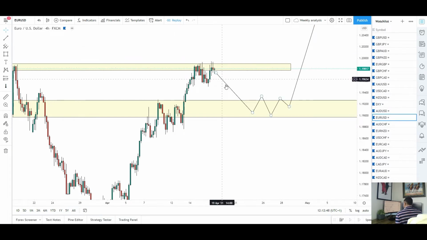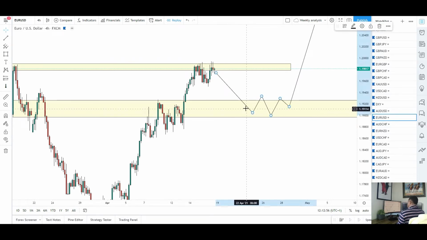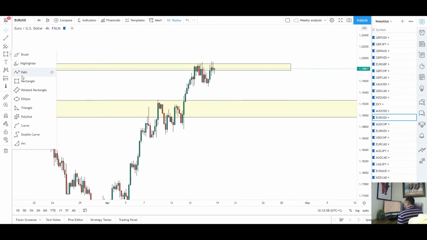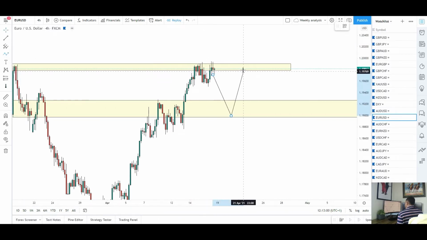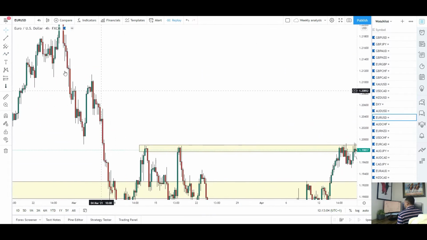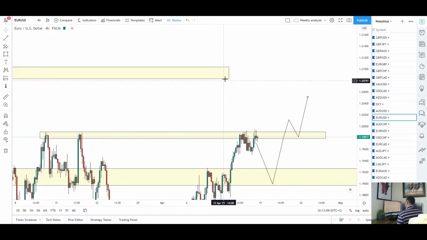It'd be nice to see a push back into the 1.19 level. That key weekly support shows that price is struggling to break through that, and if we do hold into that, I do see a nice move to the upside back into that double top area. And if you do break through it, then we can see a bigger move to the upside. The next target will be around this area here, prior resistance, which did send us to the downside, around 1.21.